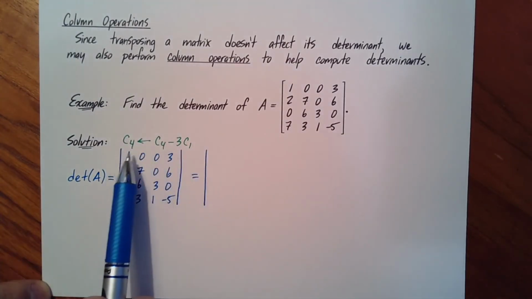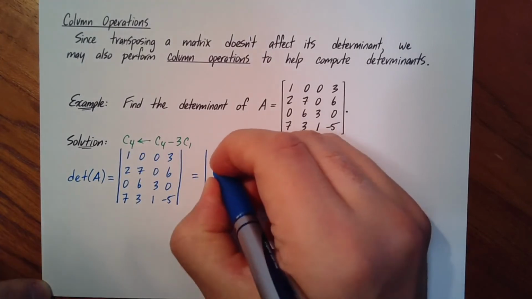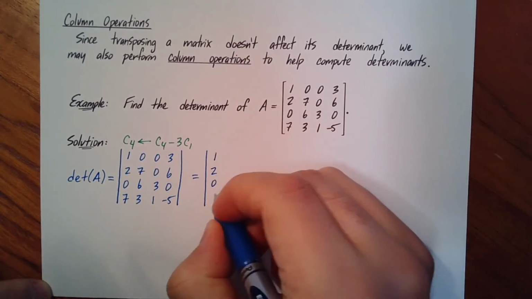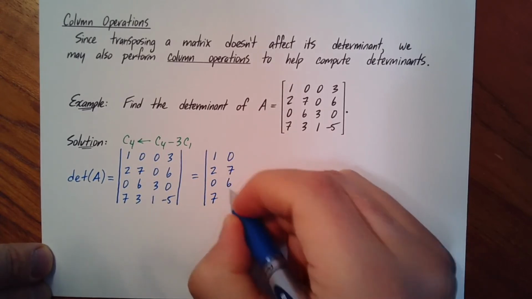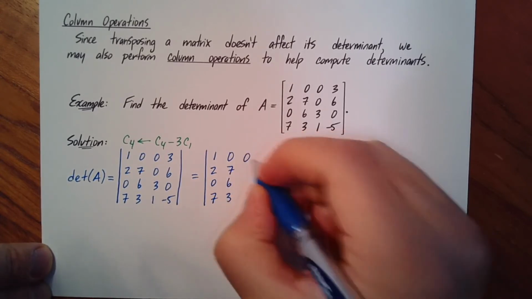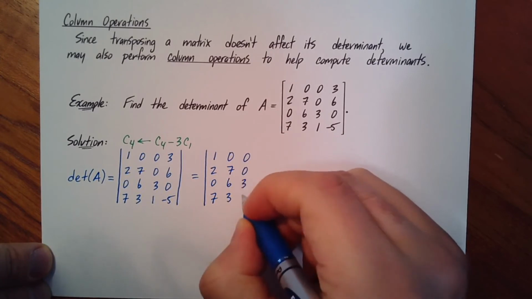I misspoke. The first 3 columns are not going to change. So let's fill those in: 0, 7, 6, 3, and then our third column, 0, 0, 3, 1. So that won't change.